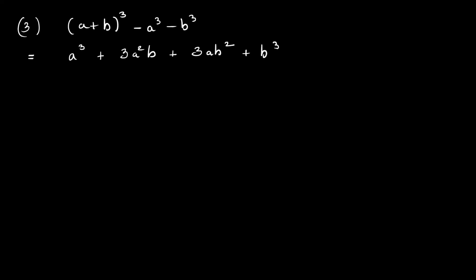Now what you see here, the formula will not apply to this. It is not a whole cube. So it will come the same, but I will try to be smart. I am not writing it in the same line, I will write it below. I'll write a cube exactly below a cube. Where should I write b cube? Last, under plus b cube. Correct.